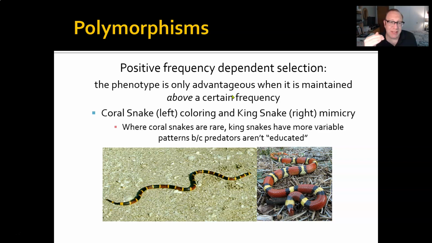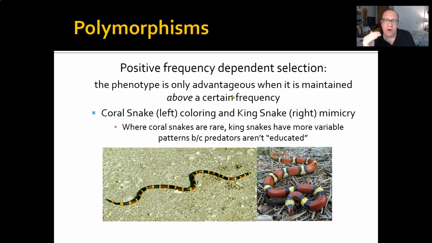An example of this is the mimicry of king snakes for the venomous coral snake's coloration. Coral snakes are venomous, and they advertise this with bright ring patterns of red, yellow, and black. King snakes mimic this. They have a coloration very similar to it to trick predators into thinking they are venomous snakes, so that predators will stay away.